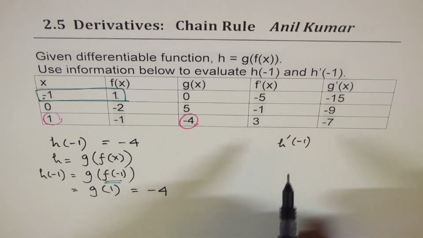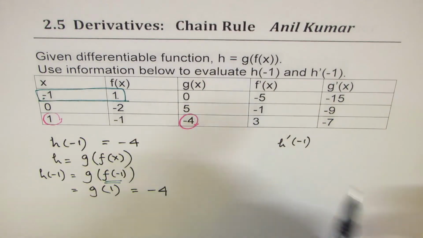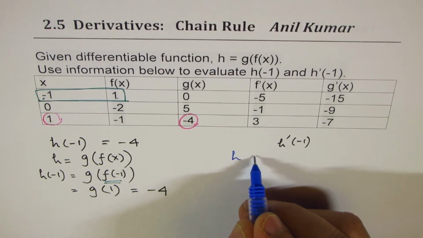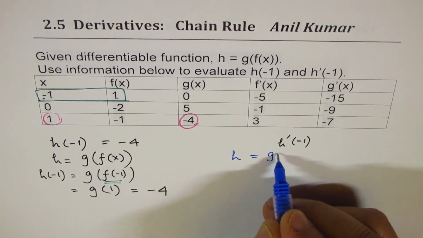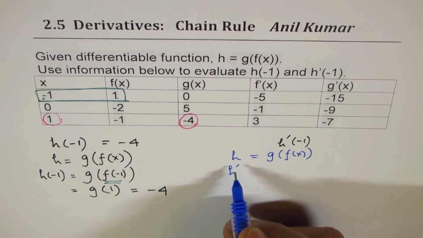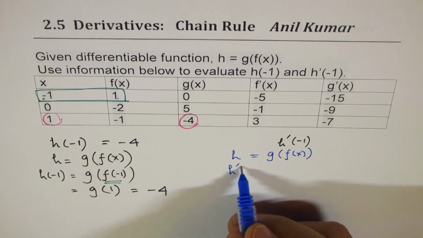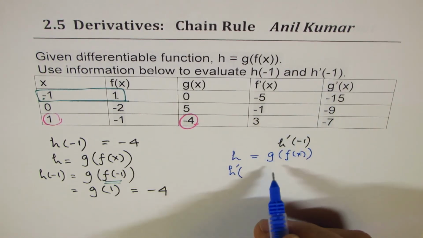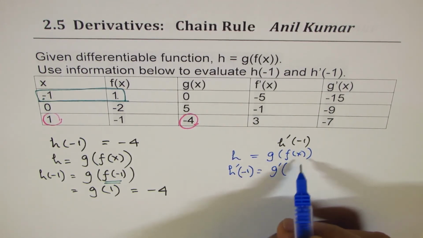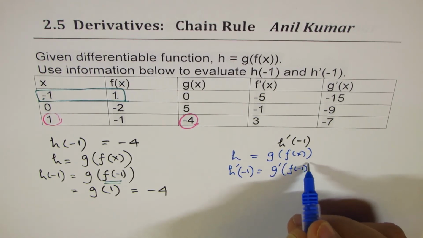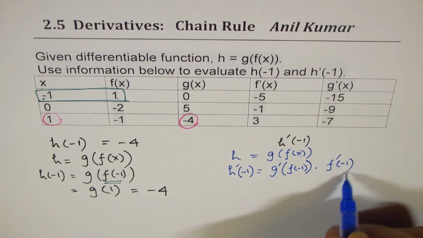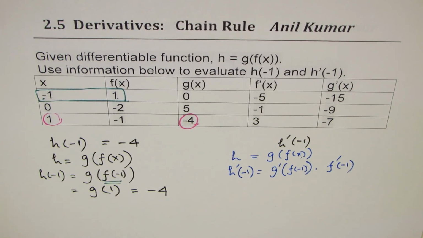Correct? Now the second one here is kind of a composite function. So what we are given here is h equals g of f of x, correct? So the derivative of this function, we want this at minus 1, will be the derivative of the outside function at f of minus 1 times the derivative of the inside function at minus 1. You get an idea, right? That is what it is.